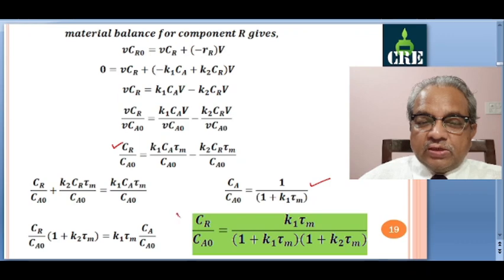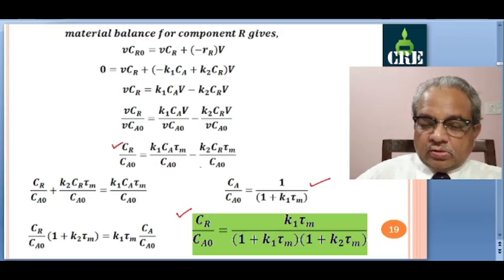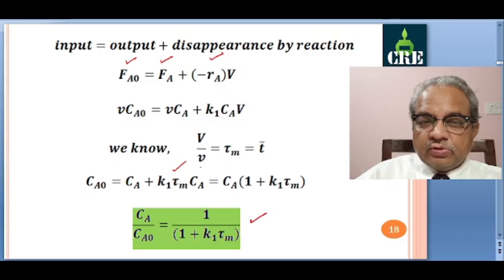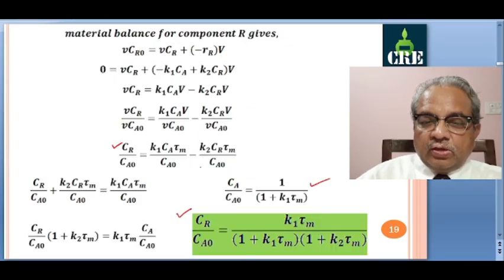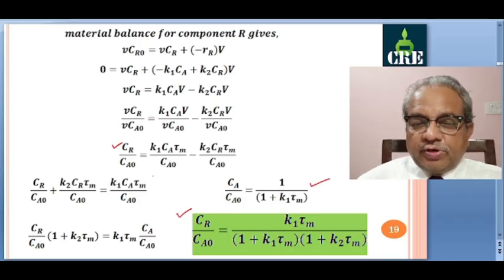So Cr by Ca0, this is coming out from the final reaction. Here we are considering only decomposition of Ca. Here we are considering A converting into R and also R getting converted to S. So Cr by Ca0 is given by K1 tau m by 1 plus K1 tau m into 1 plus K2 tau m.